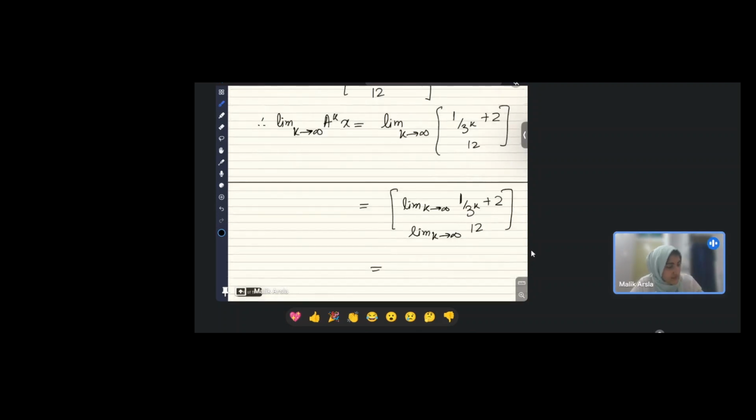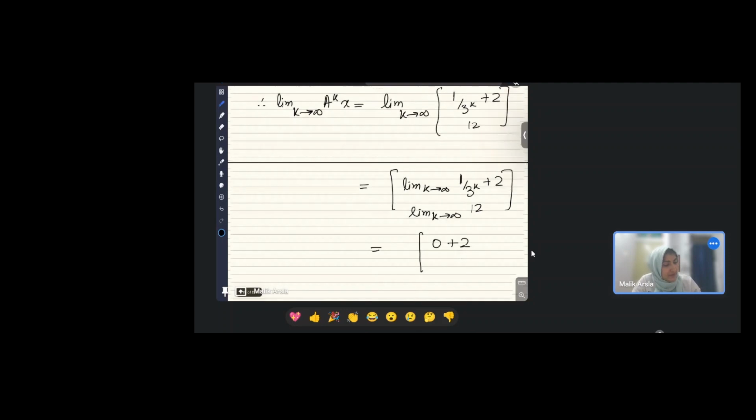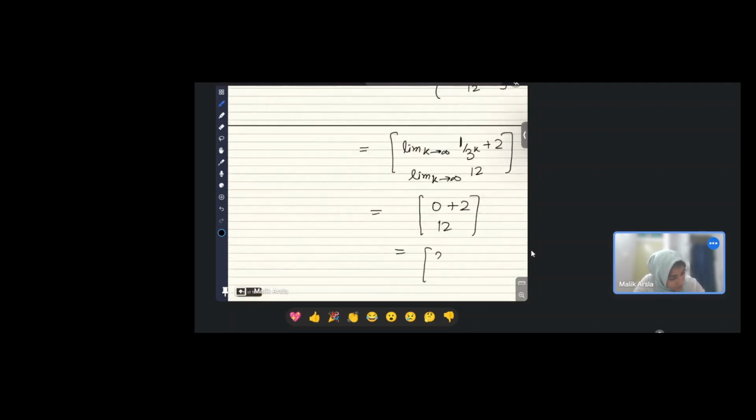Now here you can see limit k tending to infinity of 1 upon 3 to the power k: 3 to the power infinity is infinity, and 1 divided by infinity is 0. So this term will be 0 and the constant 2 will remain unaffected. So it will be 0 plus 2, and here it will be 12. So this is [2, 12]. So the limit of k tending to infinity of A to the power k x is this. You can also verify it on MATLAB.